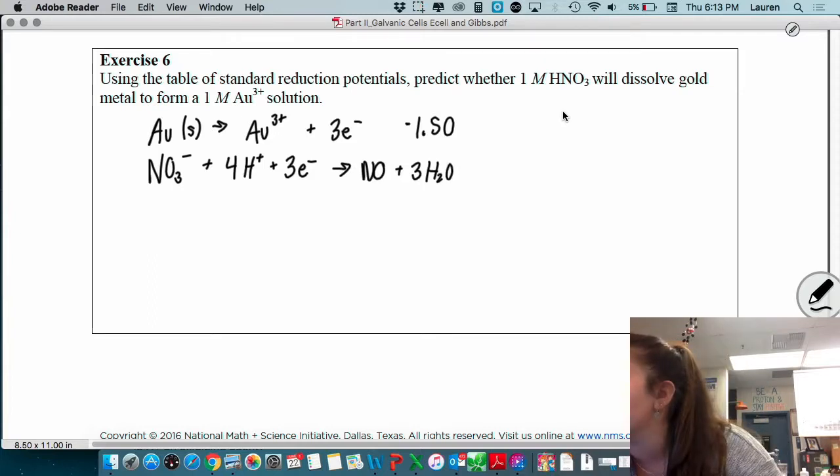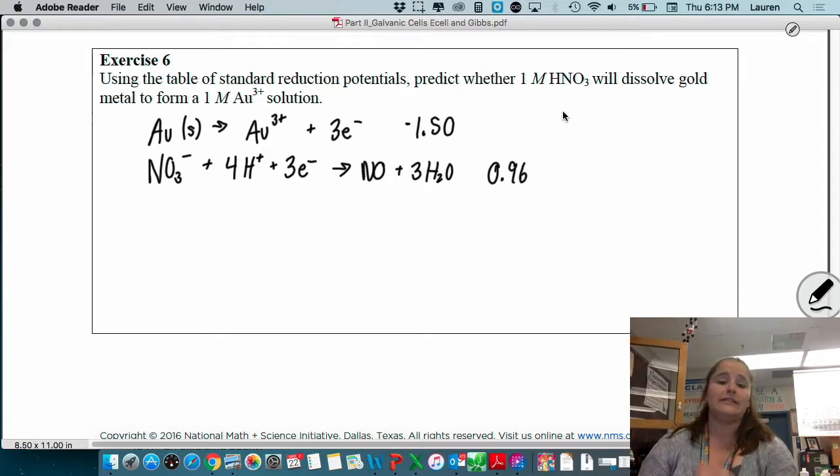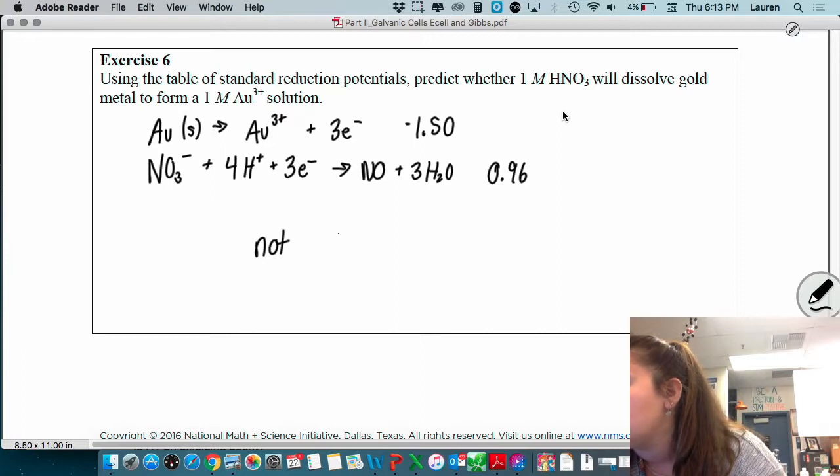And the standard reduction potential of that was 0.96. Therefore it is not more positive. So it would be the one that is oxidized and the gold would get reduced. Therefore it would not dissolve.